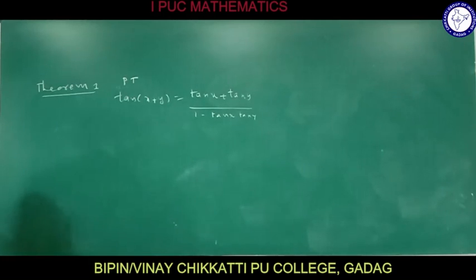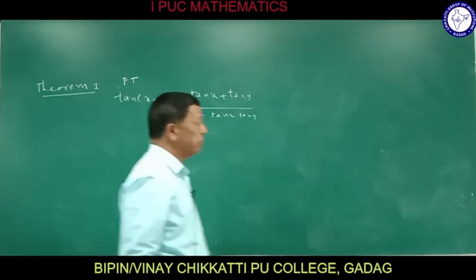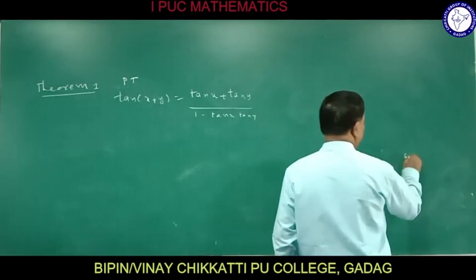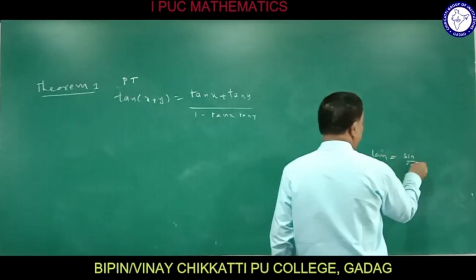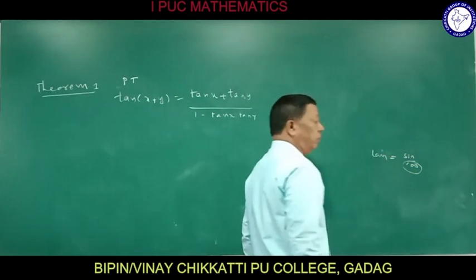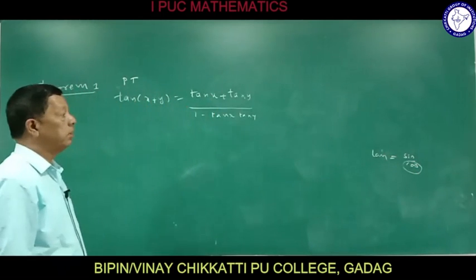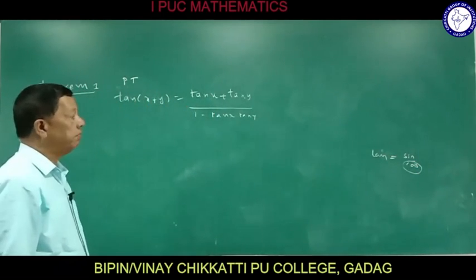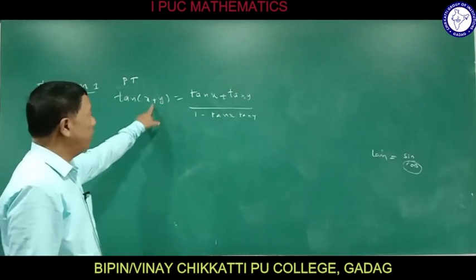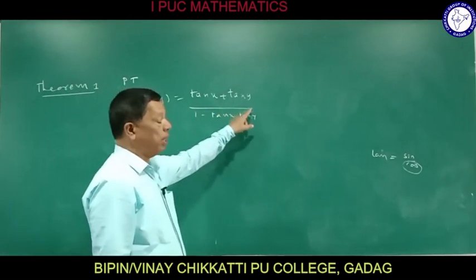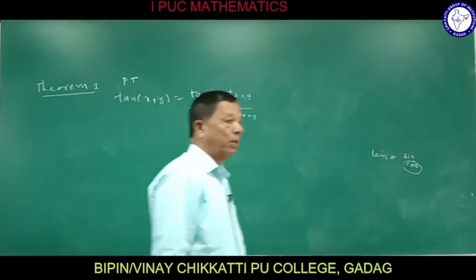But one thing you have to understand: tan means sin by cos. Tan, but the cos should not be 0, when cos is not equal to 0, when it is not an odd multiple of pi by 2. So x plus y, x and y are not odd multiples of pi by 2.